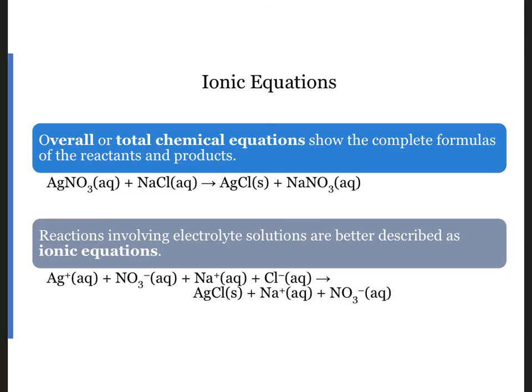When writing these reactions between two ionic salts, we've been writing the overall or total chemical equations. The second reaction I wrote in the AgCl example and repeated here was the ionic equation, showing all soluble compounds as the hydrated ions in solution rather than as neutral intact compounds.